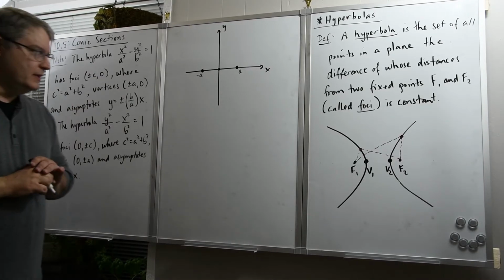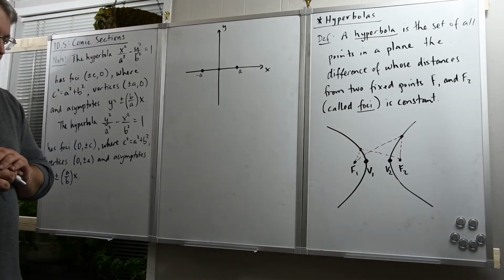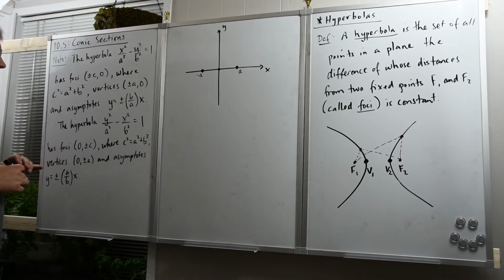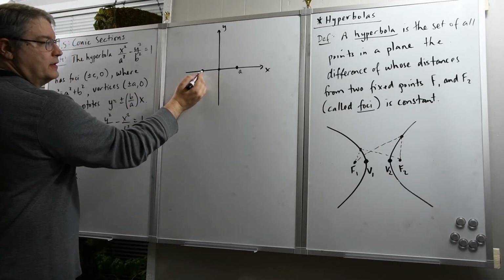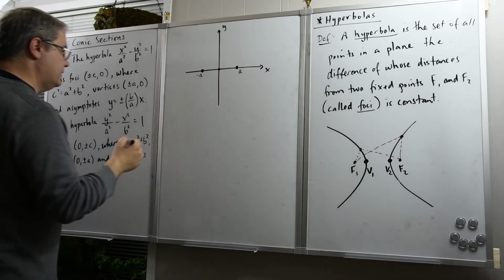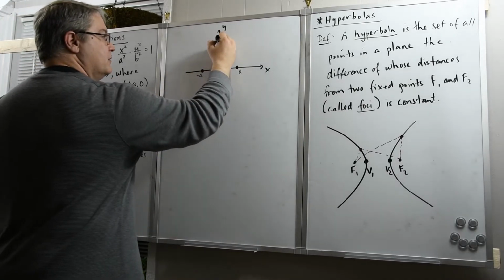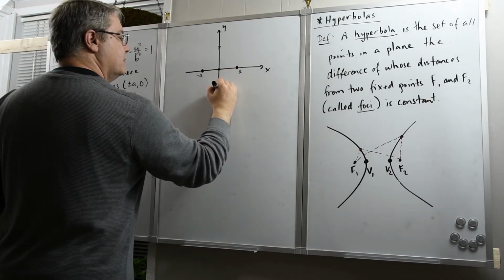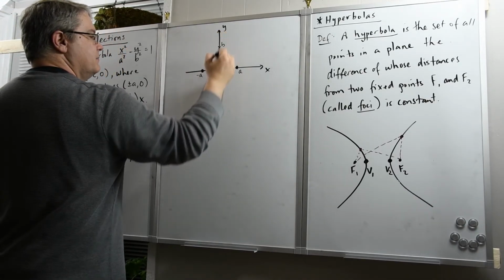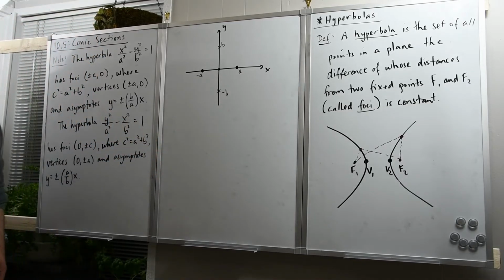Now, what we're going to do at this point is form a rectangle. And to form this rectangle, we move a units left of the center, a units right of the center. But we're also going to move up b units, and I'll put a little x there to mark the spot. And I'll put another x here to mark the spot. This will be at b and at negative b.